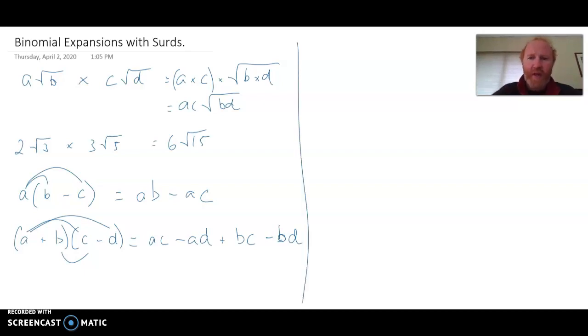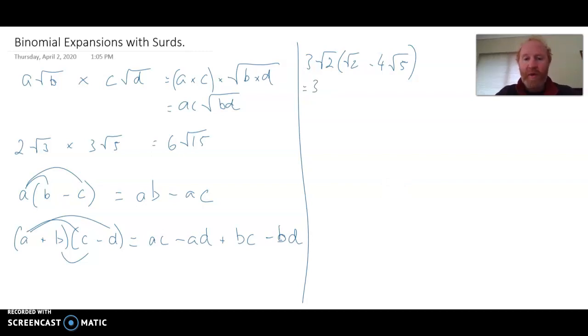So using those little pieces of logic there, we need to look at some other questions. If I've got something, not yet a binomial, but something on the outside and something on the inside, what have I got here? 3 multiplies by the 1 on the outside, leaving me 3.